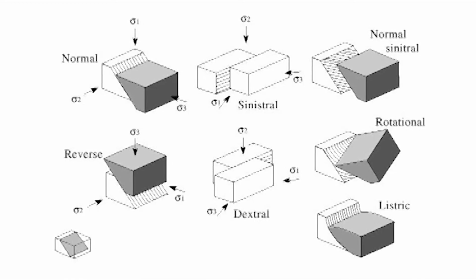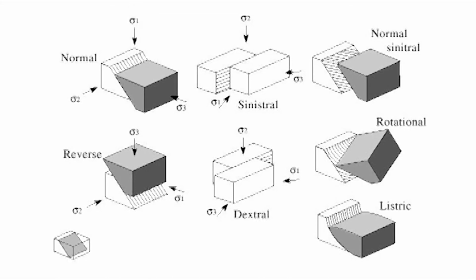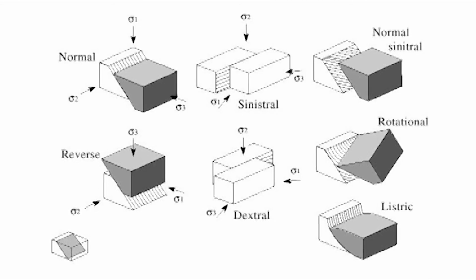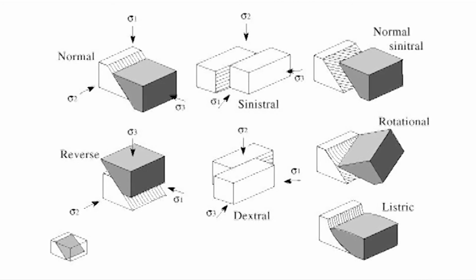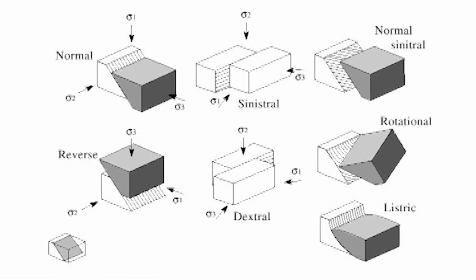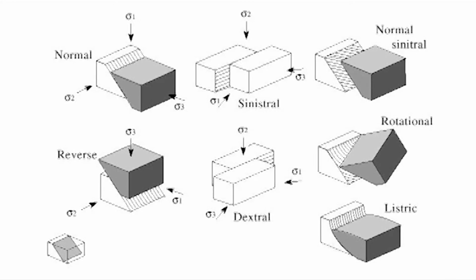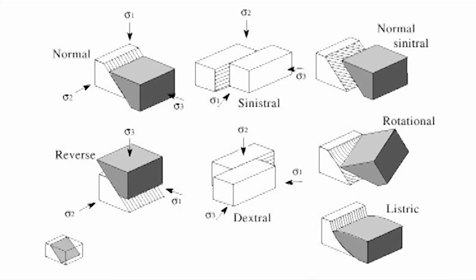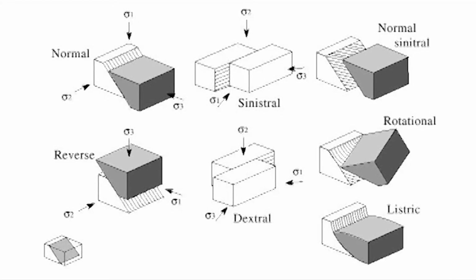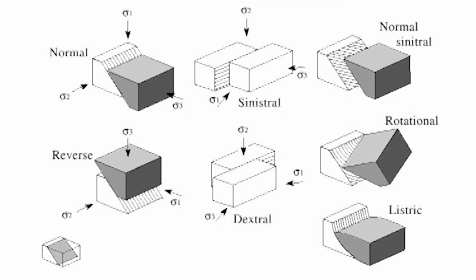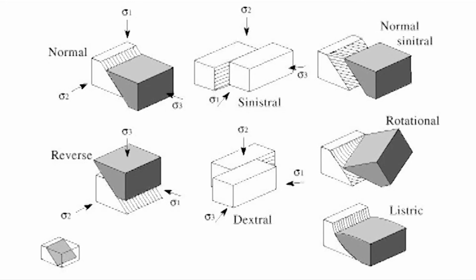Then there is the sinistral fault. A sinistral fault is a left-handed, left lateral fault. The sense of displacement is in the strike slip fault zones, where one block is displaced to the left of the block from which the observation is made.